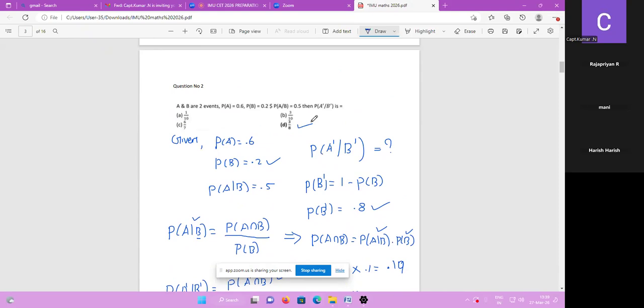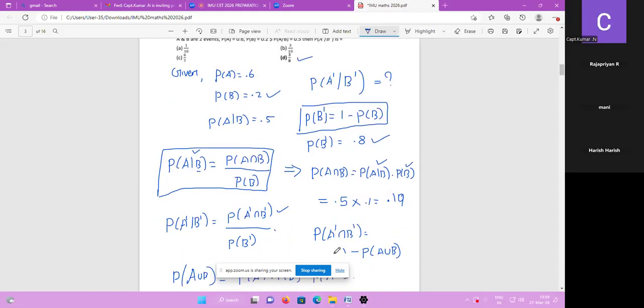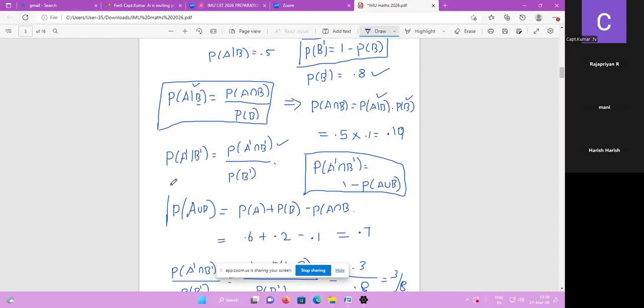Now through this one problem, we have defined formula number 1, formula number 2, formula number 3, and formula number 4.